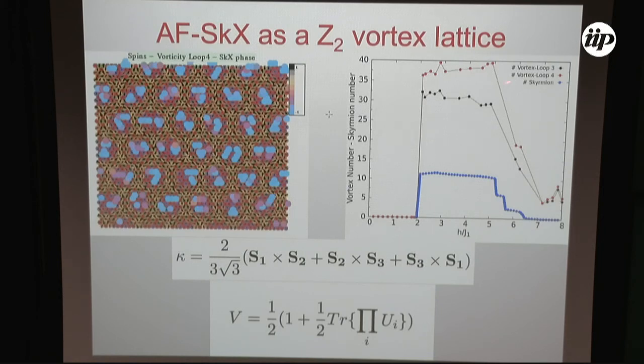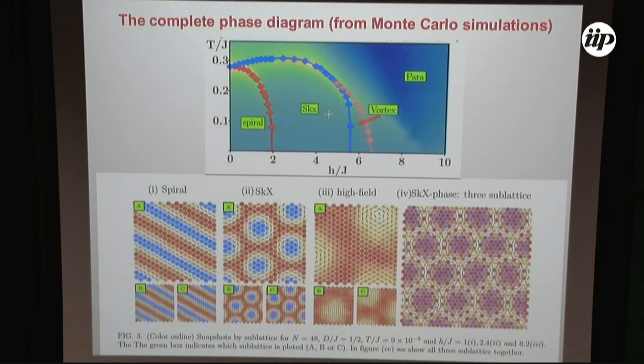You can take loops with 3 sides or 4 sides, and you get these 2 curves here. And essentially, at least in first approximation, if you had 10 skyrmions per sublattice in this lattice, you get 30 vortices. Okay, so essentially, this is understood.